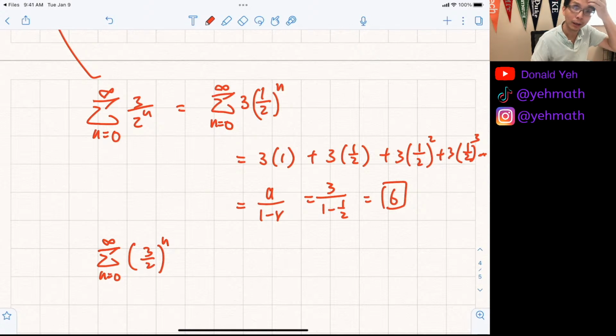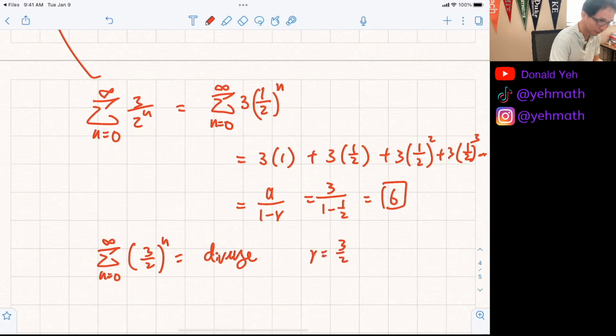It is not working. It is divergent. The keyword is one word. What word? Isn't it a number? No, it's not a number. What are we looking for? We're looking for the series to diverge.